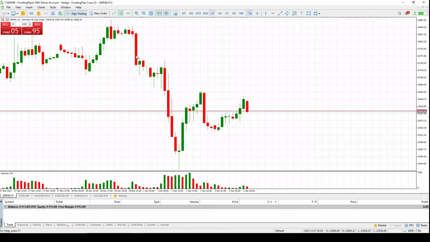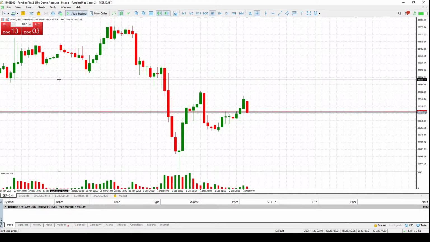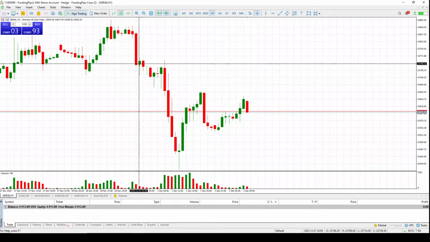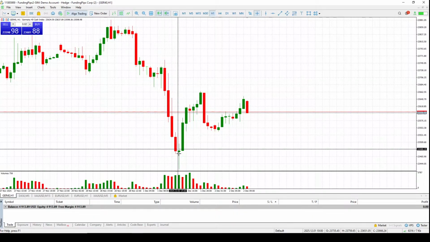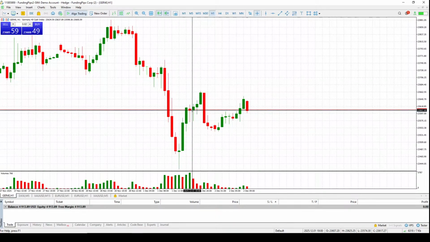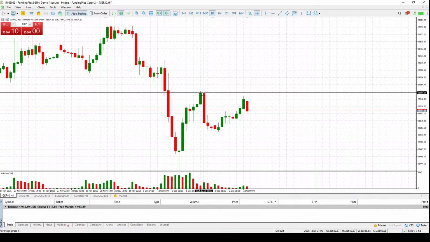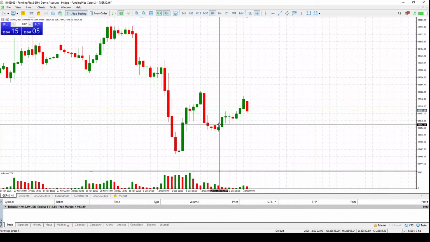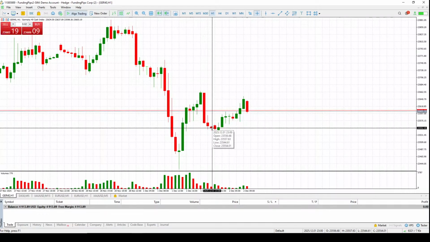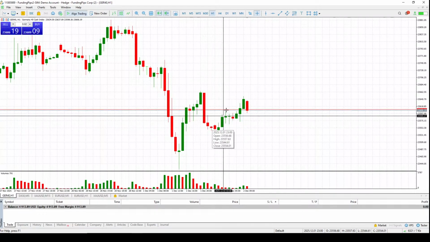Actually, if we look, yesterday was weak. It just opened and kept going down and only recovered on the US session a little bit. But again, it went down and closed around the low, 23,550.